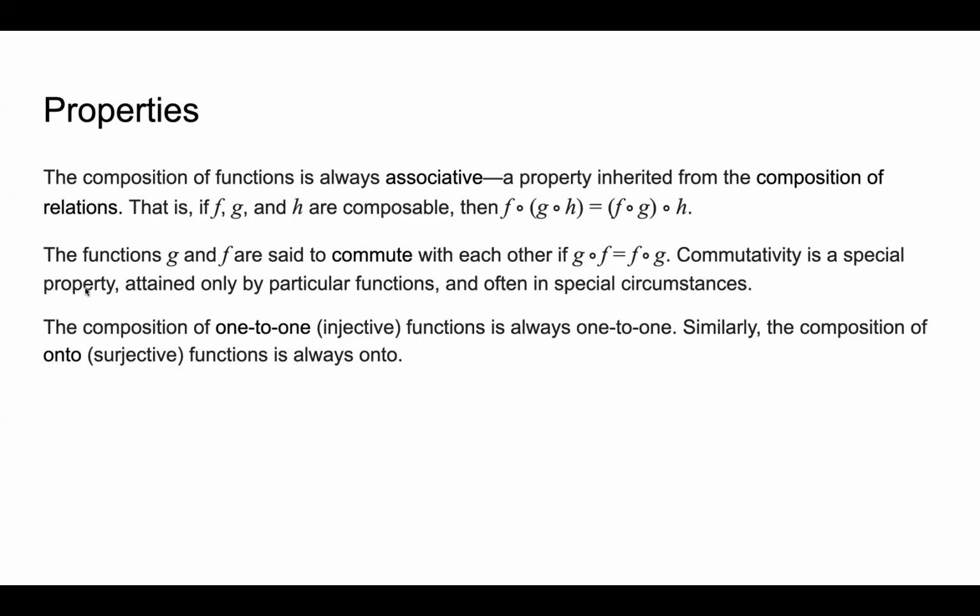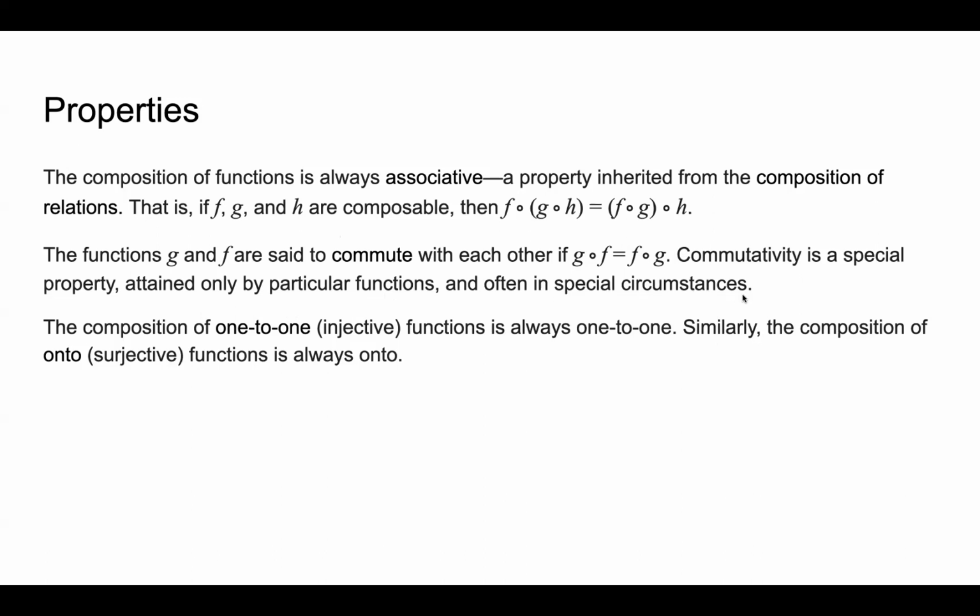Then the next property is that the functions g and f are said to commute with each other if g composite f and f composite g are equal. Okay, if g composite f is equal to f composite g, then only g and f are said to be commutative. Commutative is a special property attained only by particular functions and often in special circumstances.